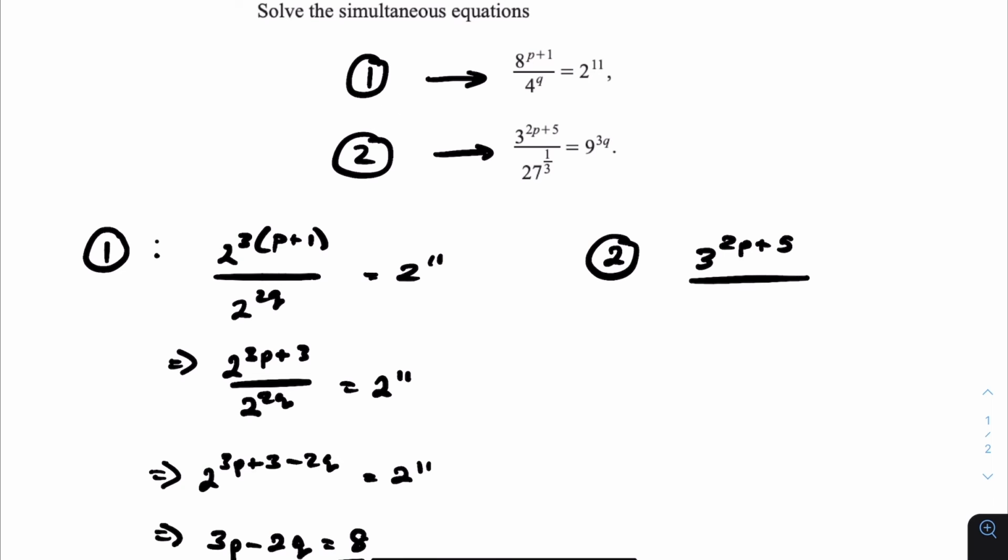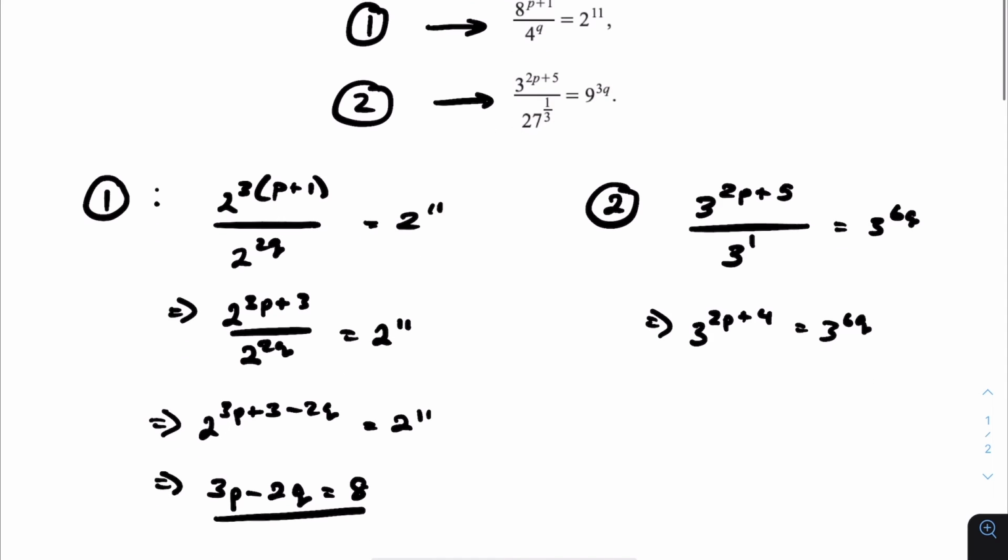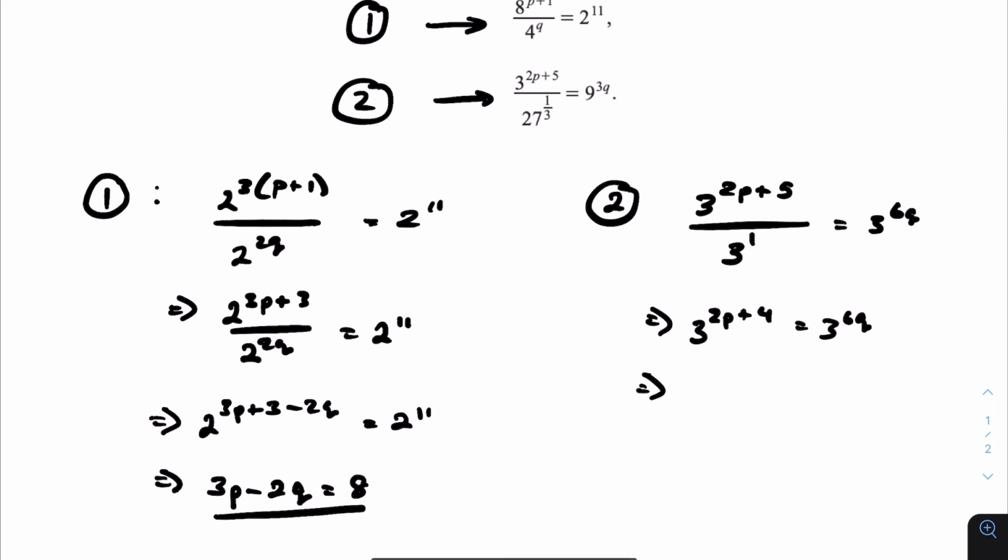So we can write this as 3 to the power of 1, and that's equal to 3 to the power of 6q. Similarly, we can use the laws of indices to subtract. So 2p plus 5 minus 1 is 2p plus 4, which is equal to 3 to the power of 6q. Now we have the equation 2p minus 6q is equal to negative 4.